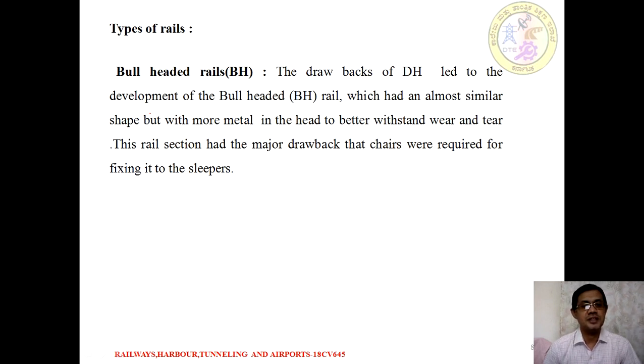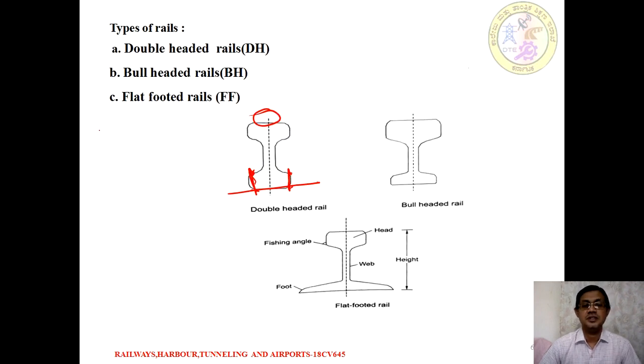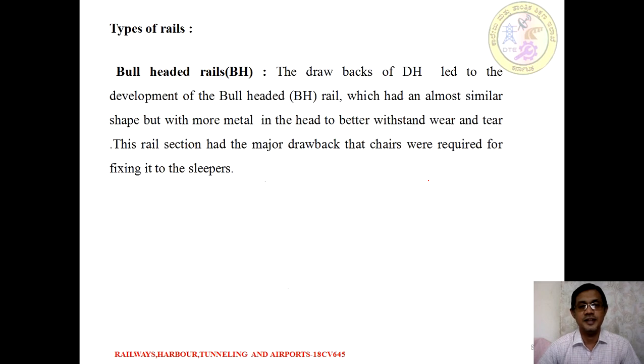This rail section had a major drawback: chairs are required for fixing it to the sleepers. Because of this, the sleepers require chairs to fix the rail over them. That is with respect to bull-headed.